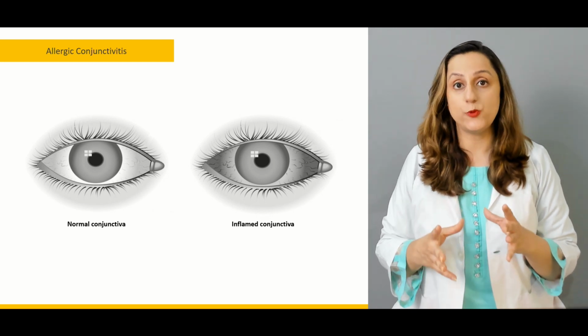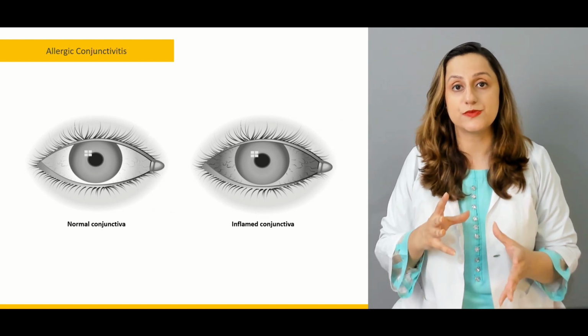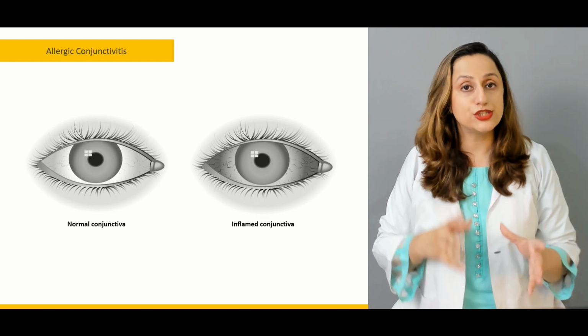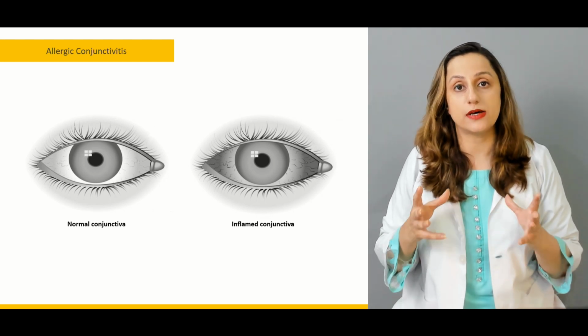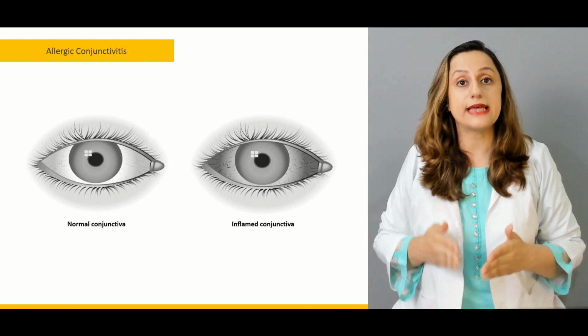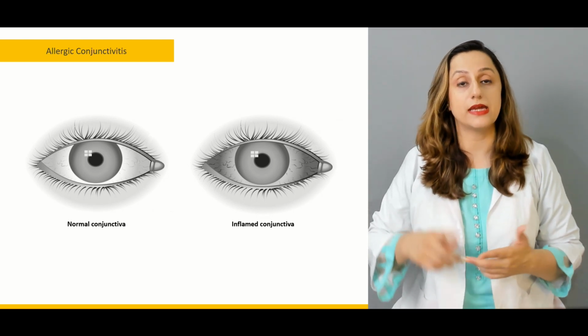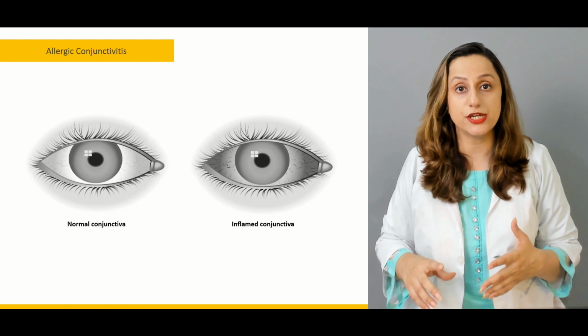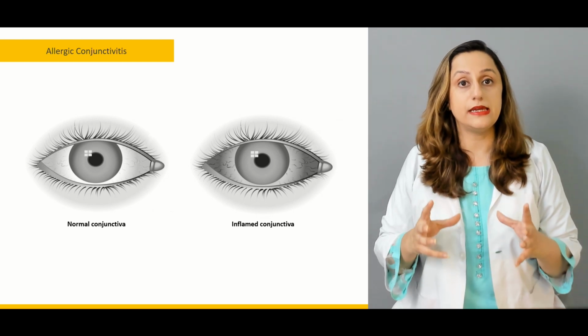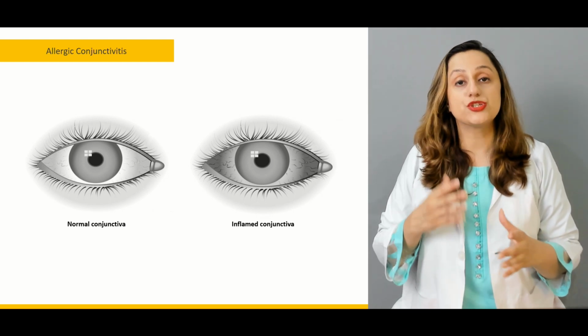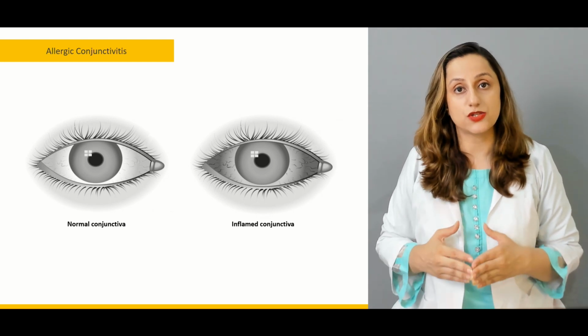So basically, we weigh the signs and symptoms of these irritative properties of the eye. For example, the redness of the eye, the characteristics of the discharge, and the visual acuity, how much it is affected in this particular case of conjunctivitis.